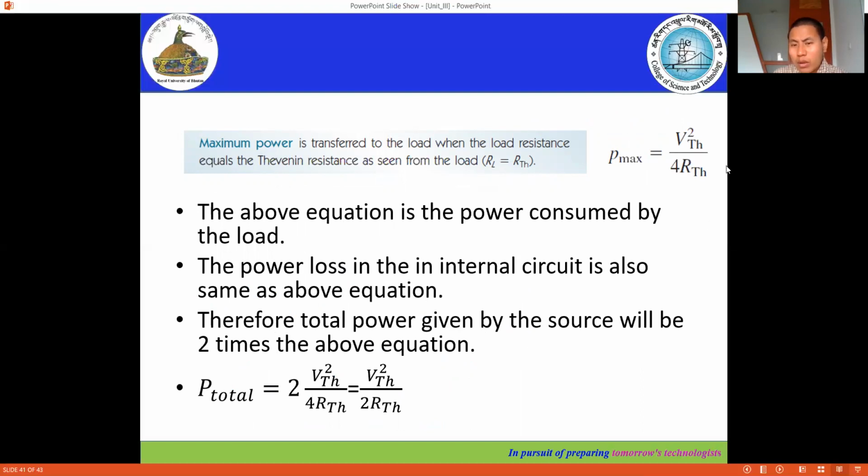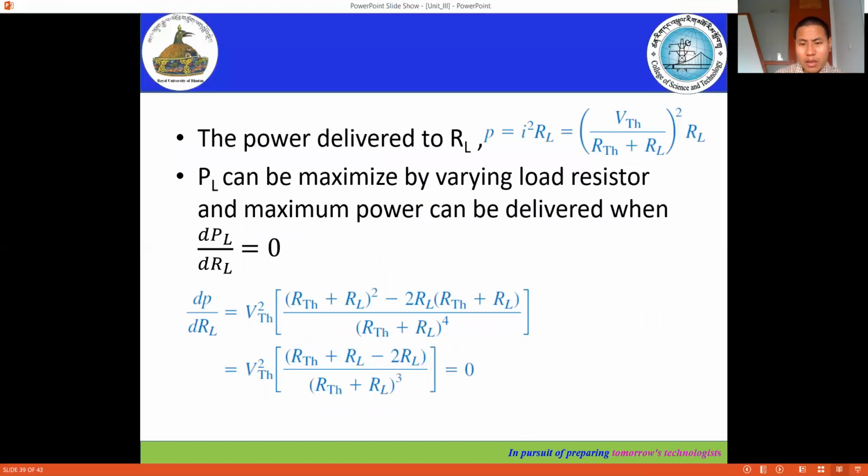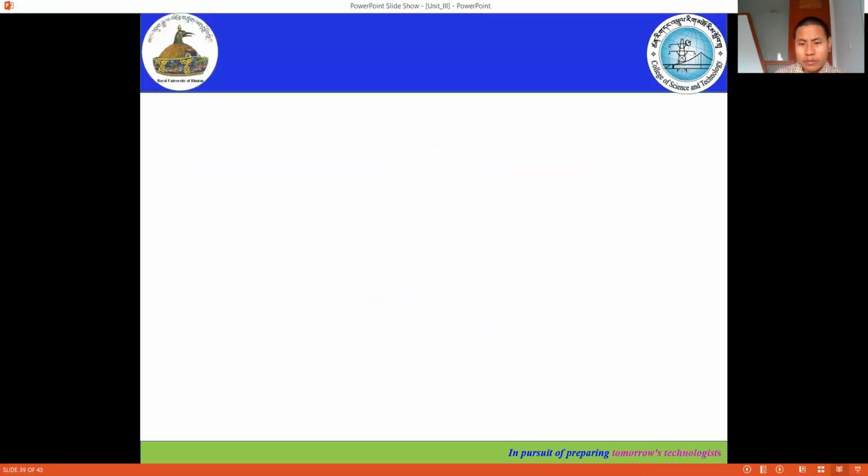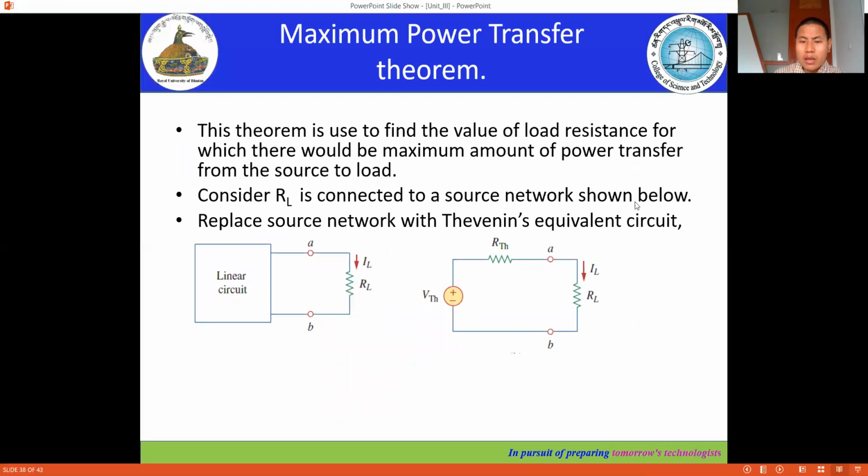Considering this network, P max equal to VTH squared divided by 4 RTH is the power delivered to the load resistance only.